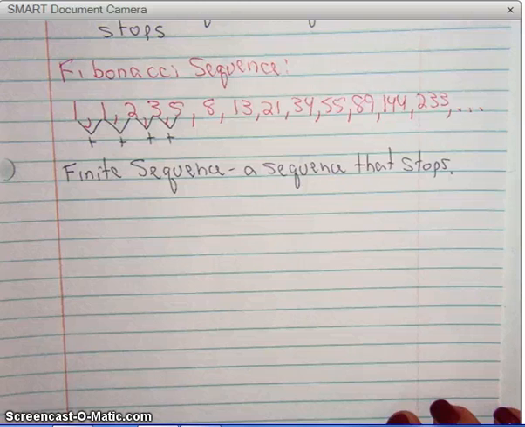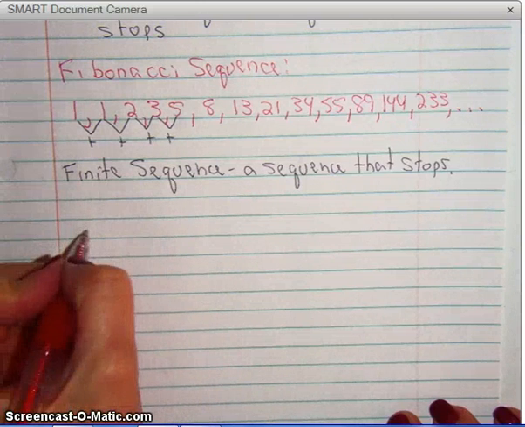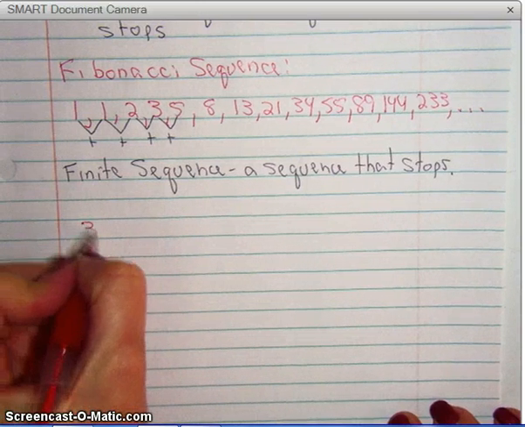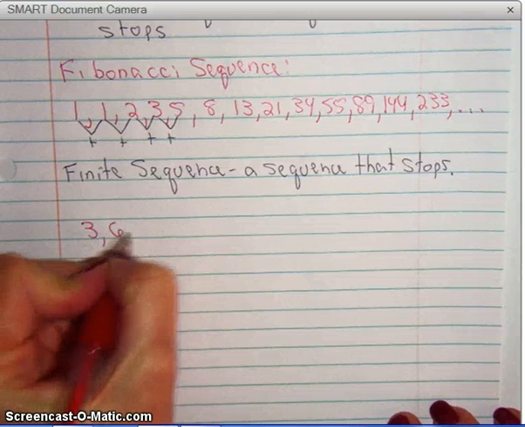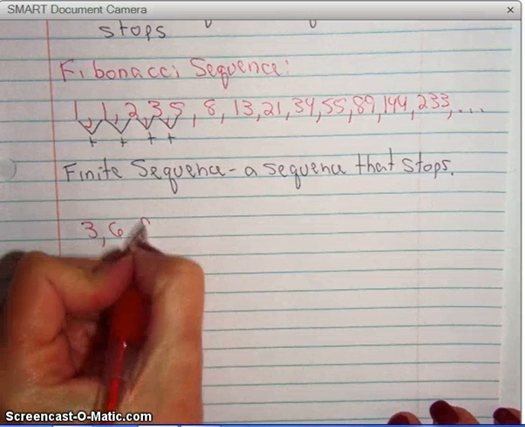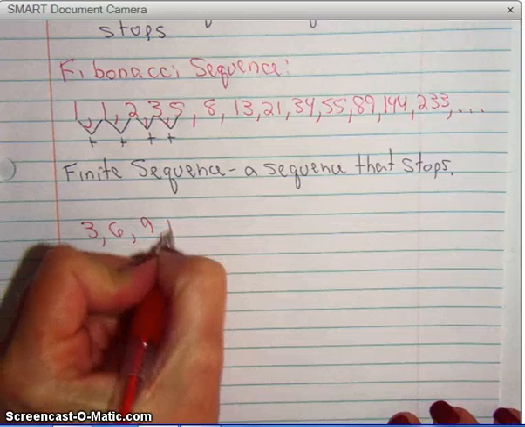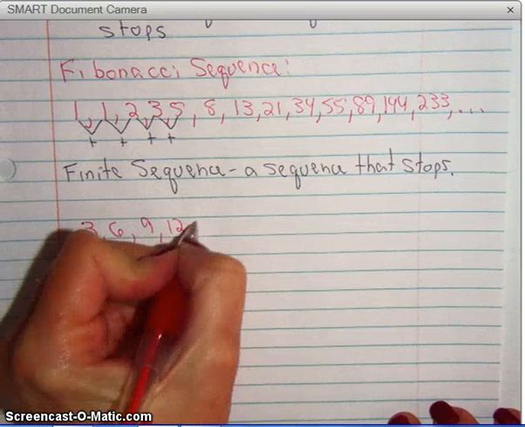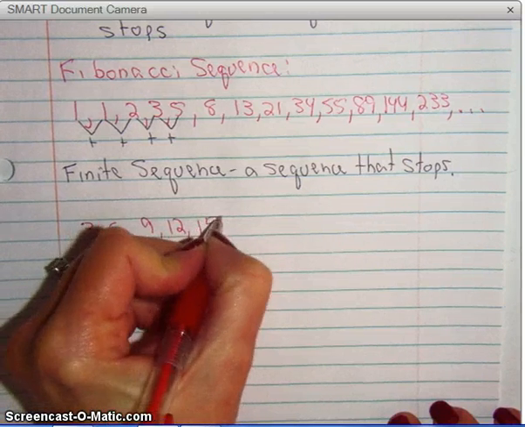Okay, let me give you guys a finite sequence: 3, 6, 9, 12, 15.